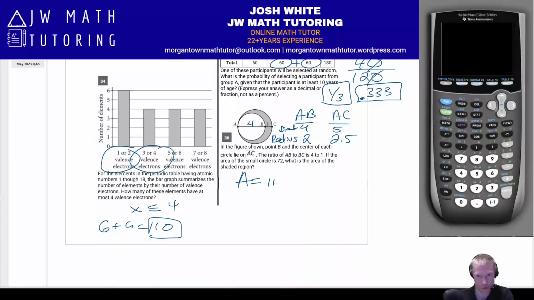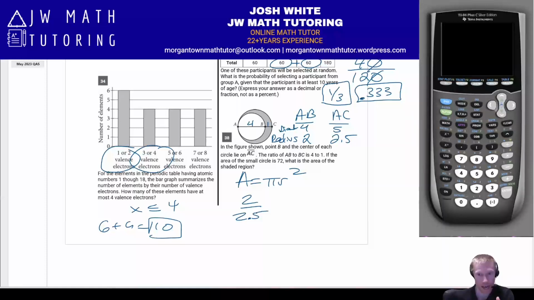So the formula for area of a circle is pi r squared. Notice that the r is squared. So the ratio of the two radii here, 2 to 2.5, just hypothetically, those aren't the exact values, but we can use them because they represent the ratio between them.